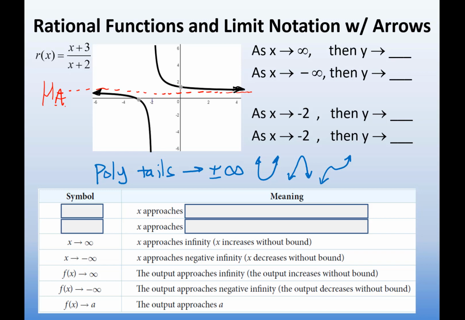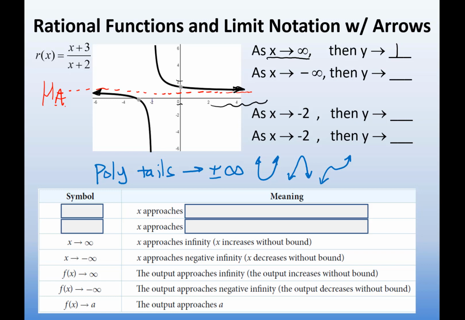And so we can describe the limit behavior. So x is getting bigger and bigger, and as x goes to infinity, y is approaching 1. You can see we've got between 0 and 2 here. It's kind of landing in the middle.